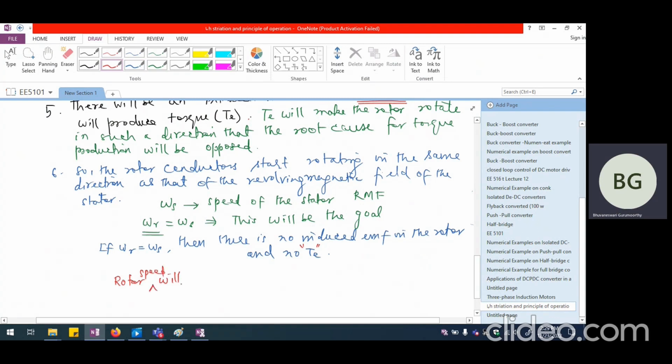If there is no torque, then rotor speed will come down. So if the rotor speed comes down, then again there will be a rate of change of flux visualized, then there will be induced EMF and so on.